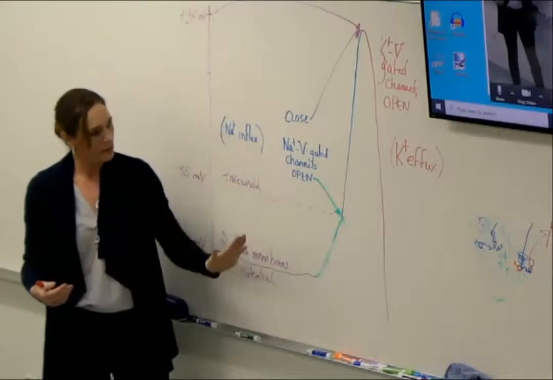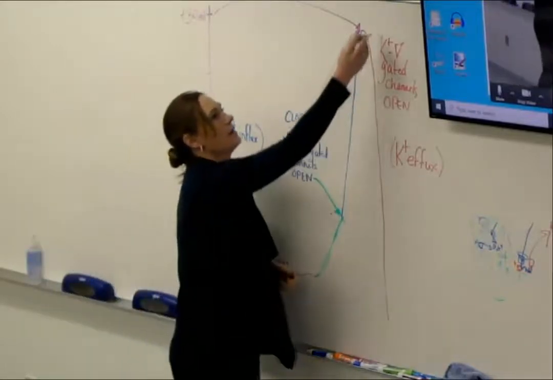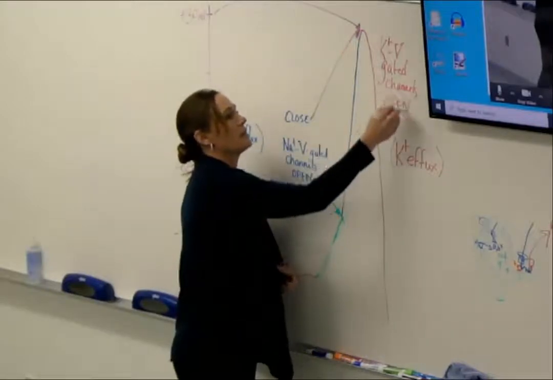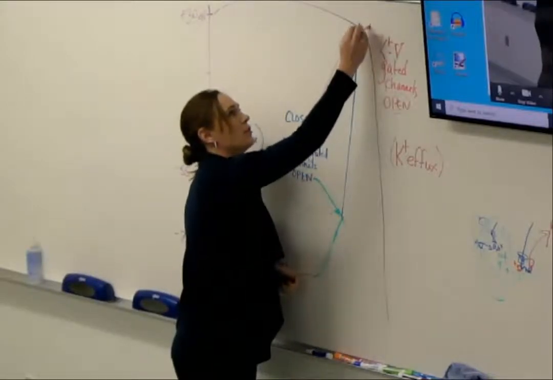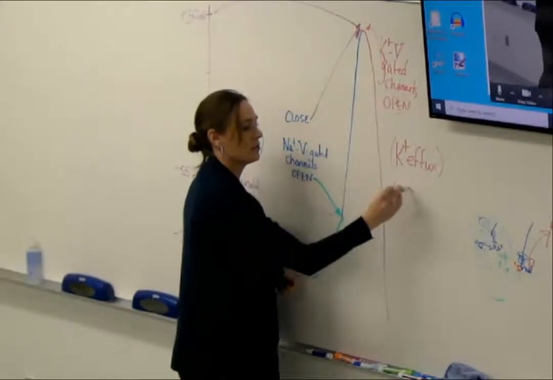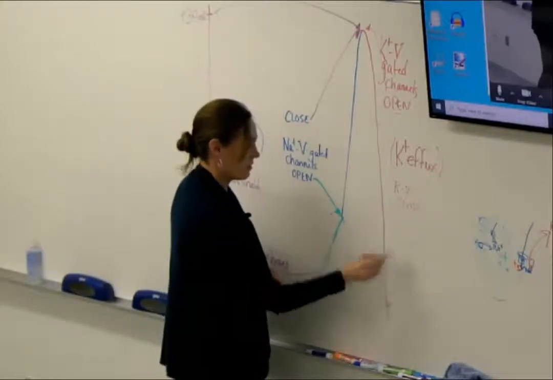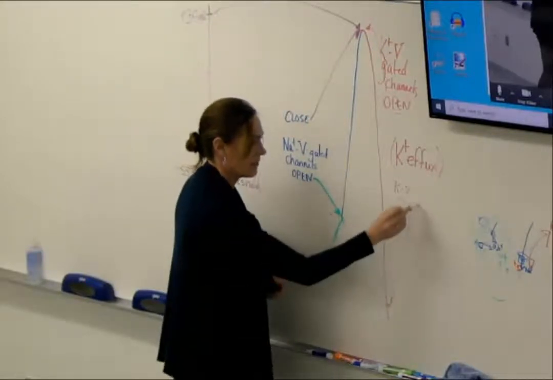So it's going to open here. At plus 30 is where our potassium channels are opening. But then the potassium voltage channels are going to close down here at minus 70.